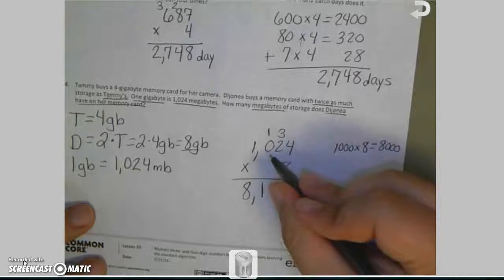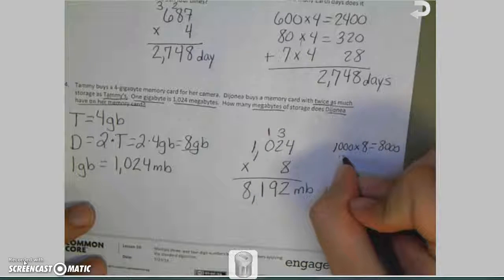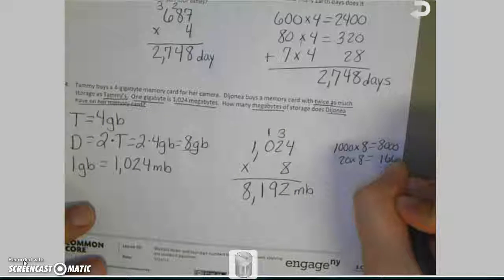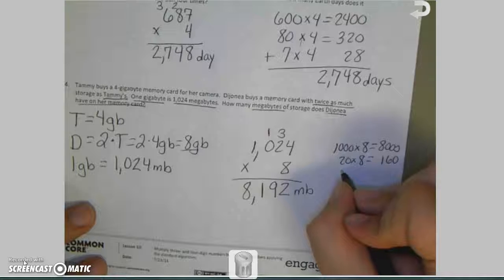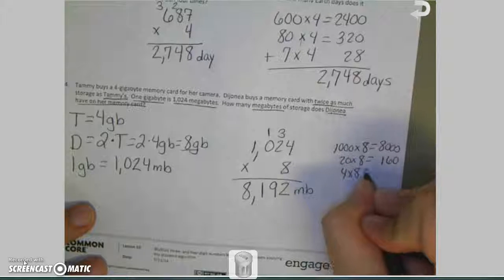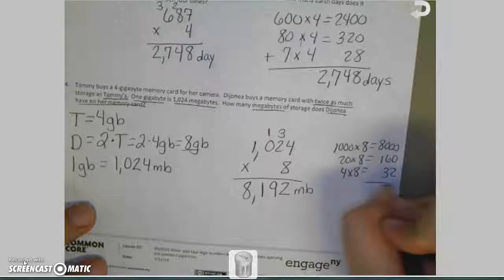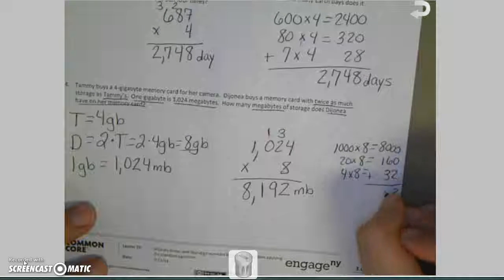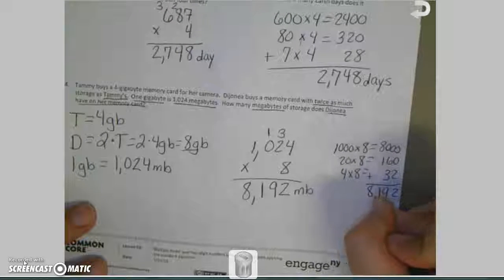I don't have any hundreds, so I don't have to worry about that. I do have 20 times 8, which is 160. Then I have 4 times 8, which is 32. So 0 plus 0 plus 2 is 2, 6 plus 3 is 9, 0 plus 1 is 1, 8, my thousands place.